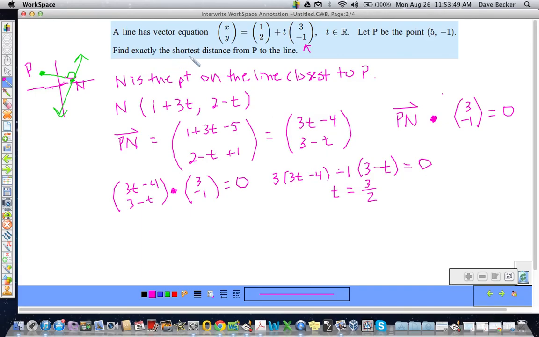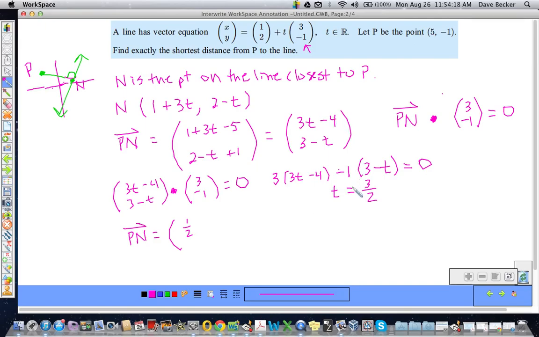So find exactly the shortest distance. Well, now I have to find vector PN, right? Now that I know what t is, I'm just going to replace t with 3/2. 3 times 3/2 minus 4 is 9/2 minus 4, which is equal to 1/2.